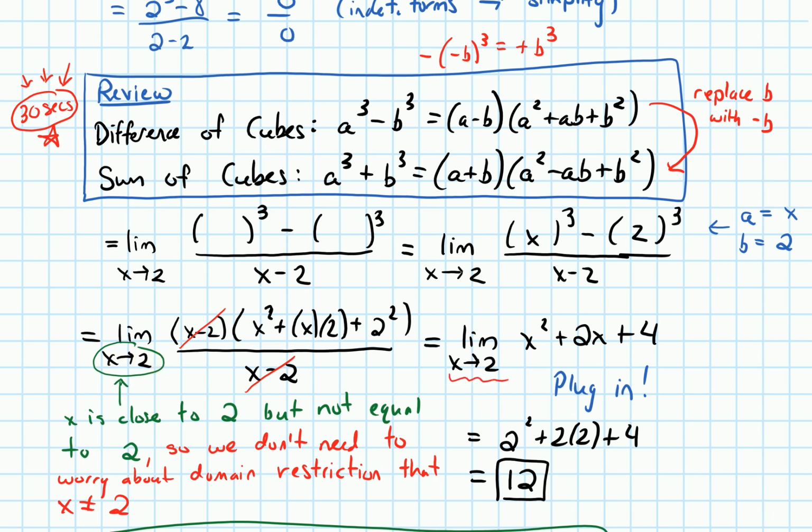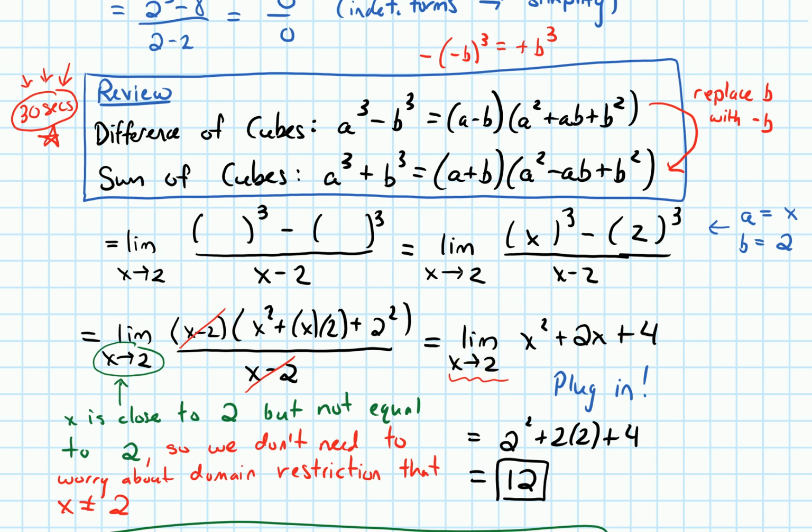Even over here, when we plugged in 2, that was just a technique that lets us arrive at the correct answer. But actually what we're answering when we say this is 12 is, what's the y value that x squared plus 2x plus 4 approaches as x gets really, really close to 2.